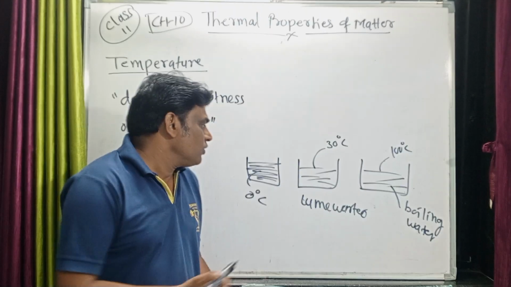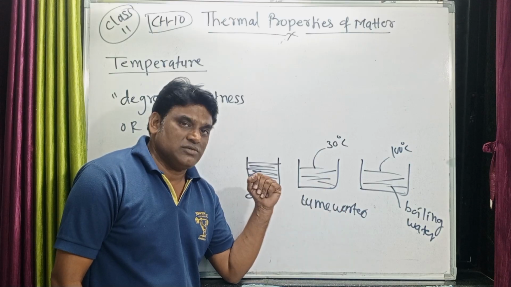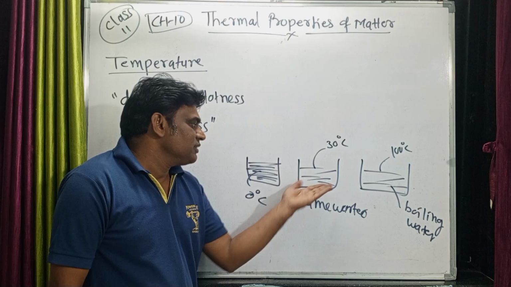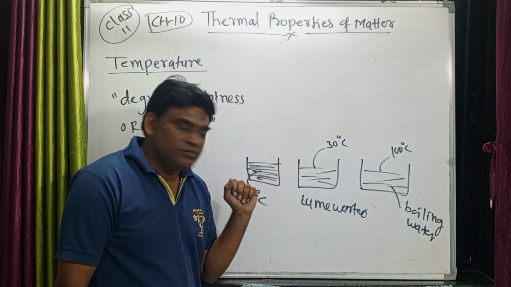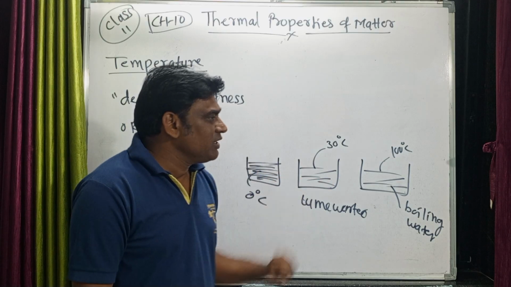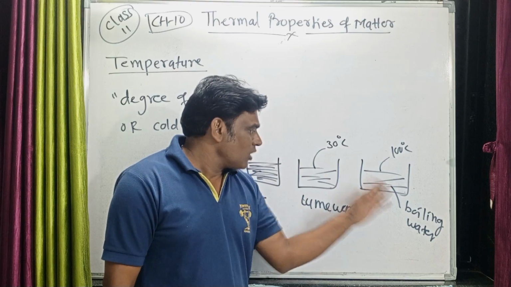If somebody asks you, how is this lukewarm water? If you compare with this, we can say this is the hot water and this is the cold water. If you compare with these two, you will say this is cold and this is hot. This is hotter than this, we will say.